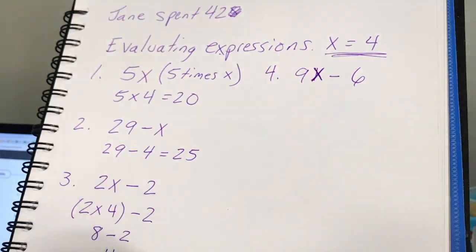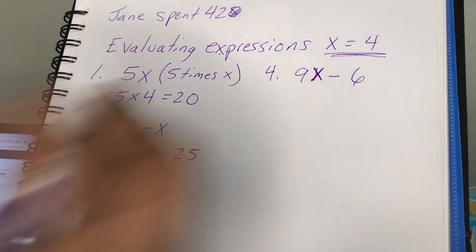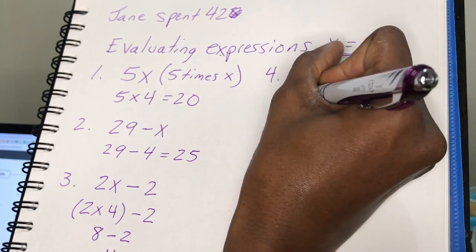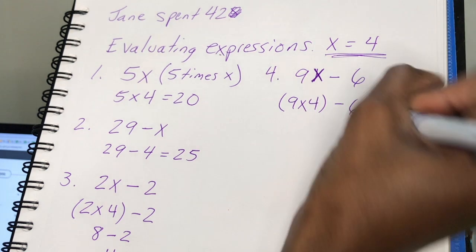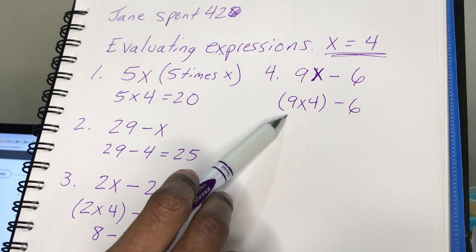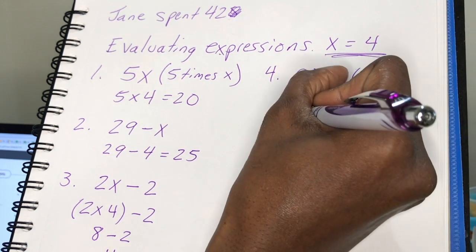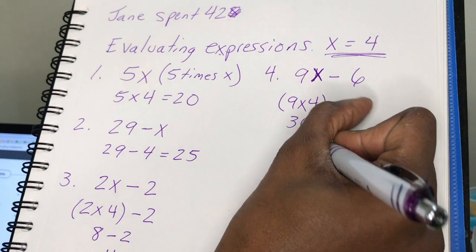Okay, x is 4 still. 9x is the same as 9 times x. So then we have 9 times 4 minus 6. So first you have to compute what's inside of the parentheses. 9 times 4 is 36. 36 minus 6 is 30.